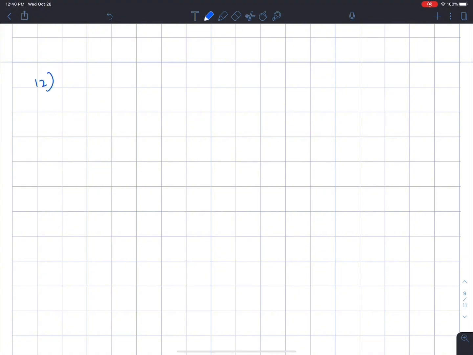Question 12. A plane coming in for landing loses 800 meters per minute in altitude. Altitude means height in math. So we have a plane. I'm not very good at drawing. Maybe a plane.